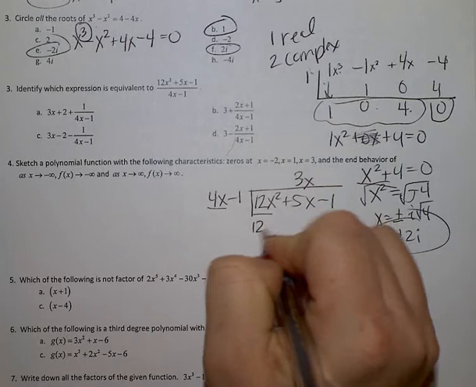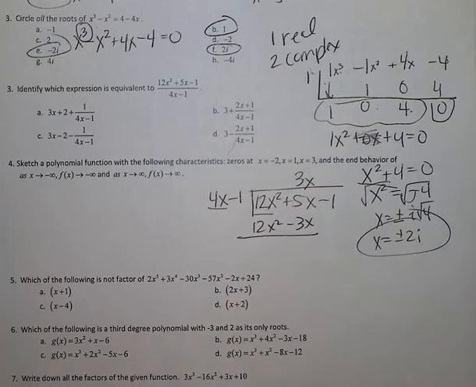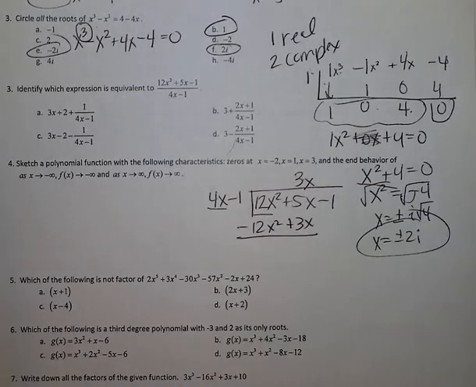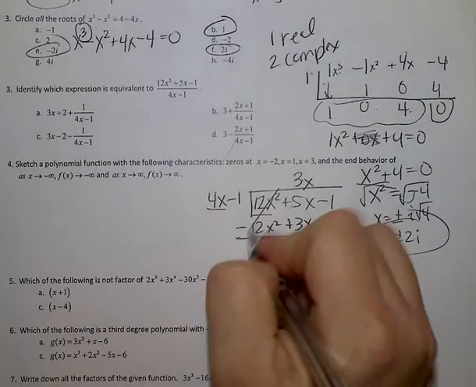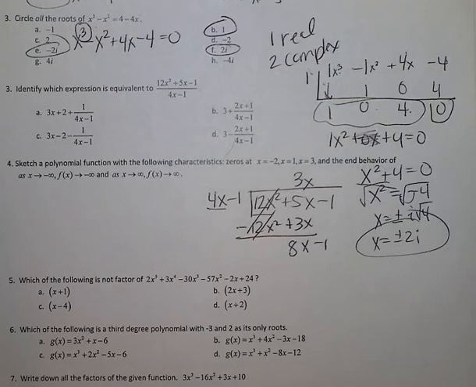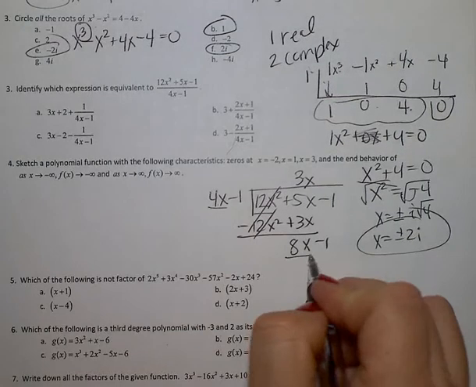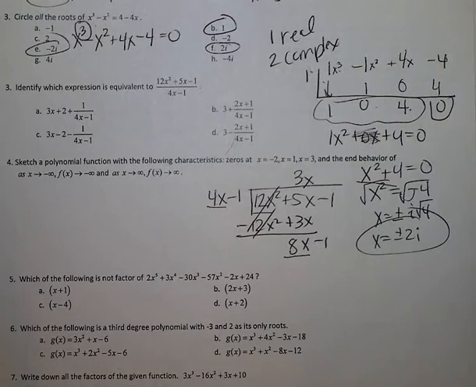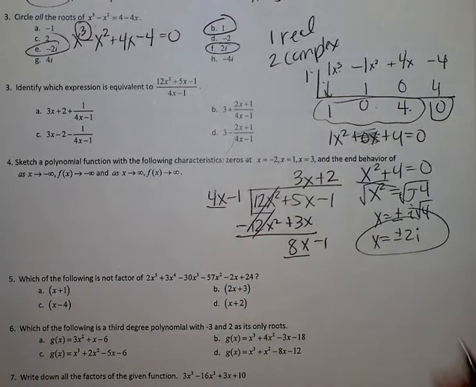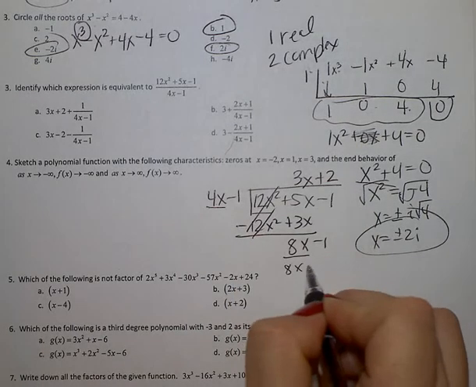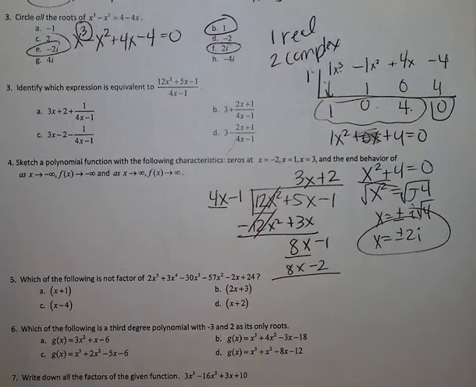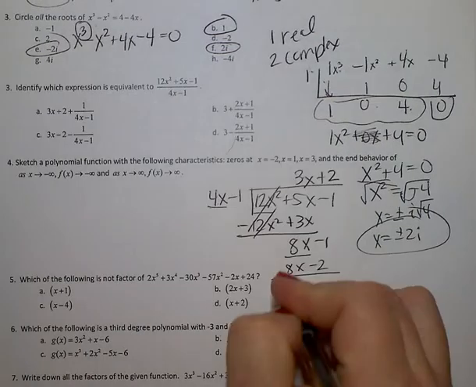Multiply, multiply, change the signs, add down. 4x times what equals 8x? 2. Multiply, multiply, change the signs, and add down.